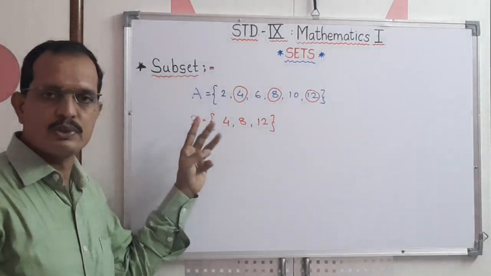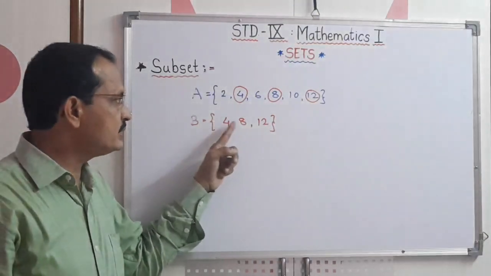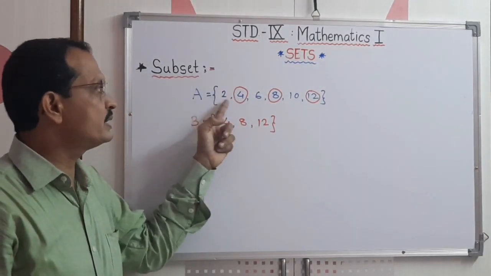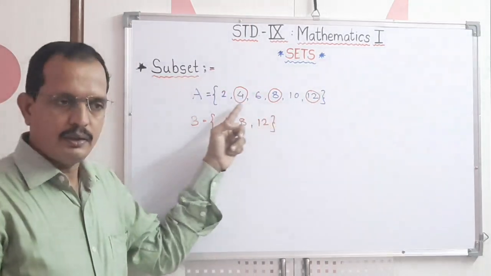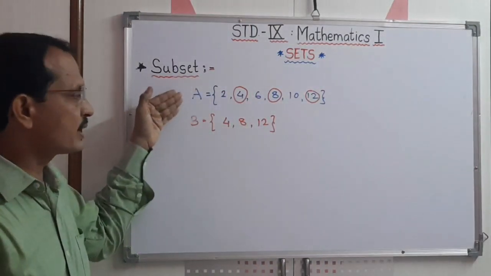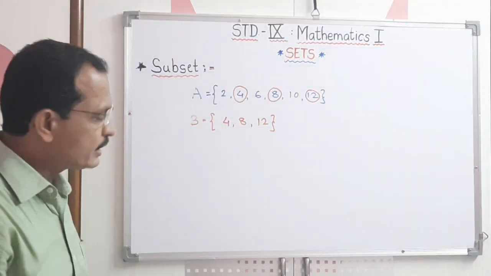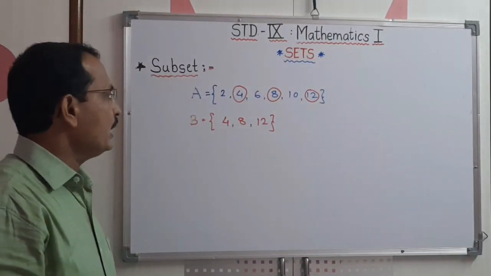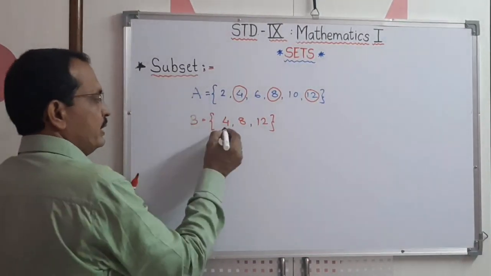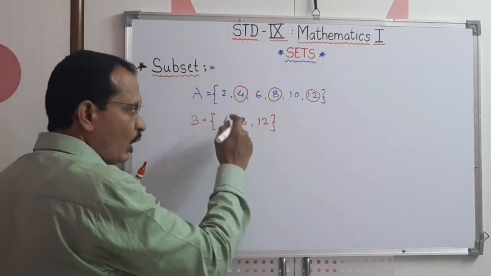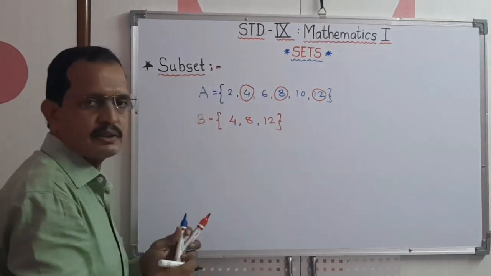B consists of 3 elements and all these 3 elements are also present in set A.